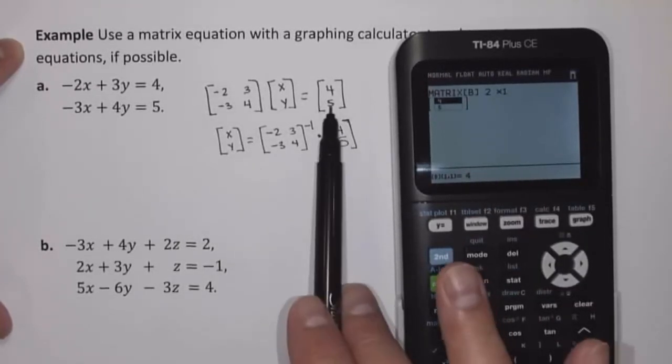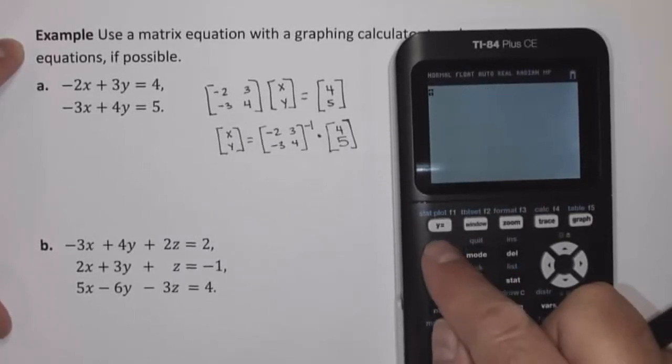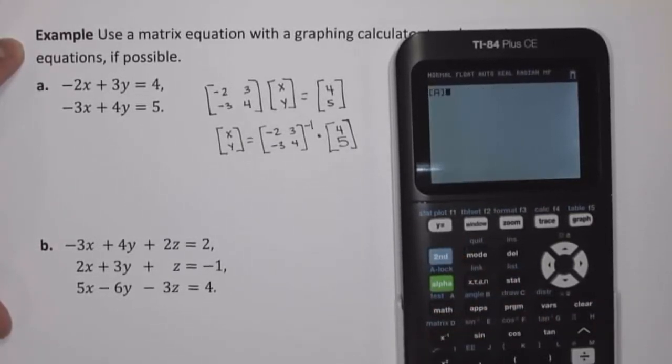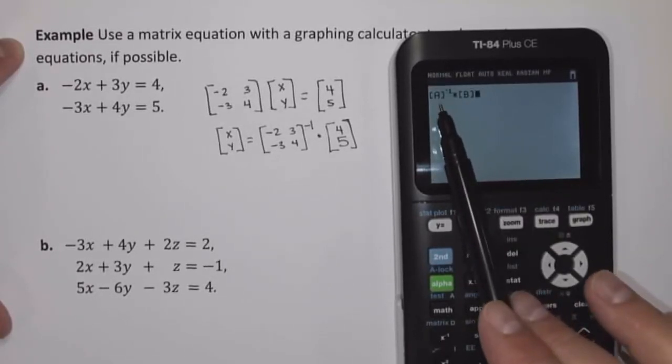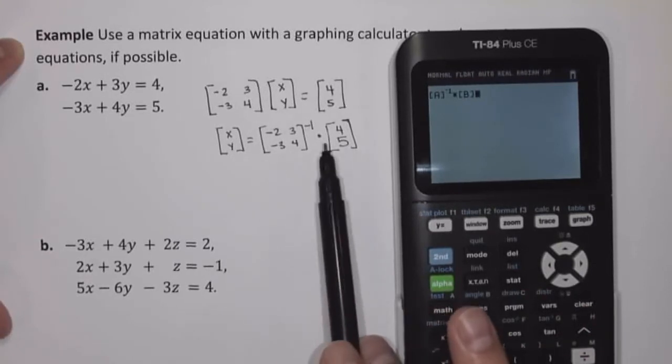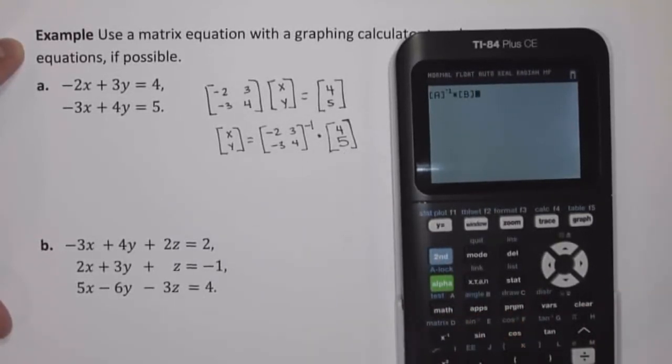Second quit to get back to the home screen. So I'm going to do matrix A, and I'm going to find the inverse of that times matrix B. So again, this is the inverse of the coefficient matrix, that's this, times the constant matrix, that's this.